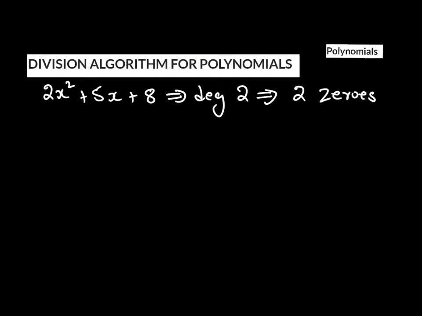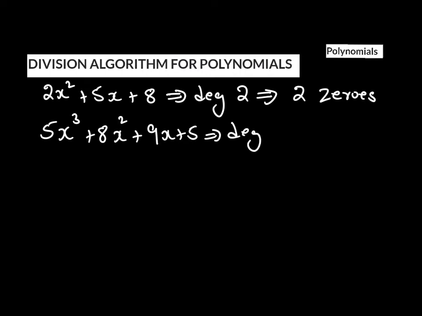Now, look at this. 5x cubed plus 8x squared plus 9x plus 5. The degree of this polynomial is 3. So at most it has 3 zeros.